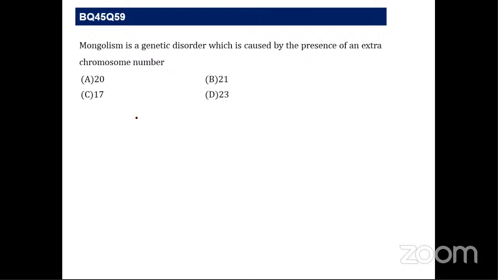All right. Yes, Mongolism, we are talking about Down syndrome only. And we have seen in case of Down syndrome, what is happening? Trisomy of the 21st chromosome. So the answer will be B, 21.